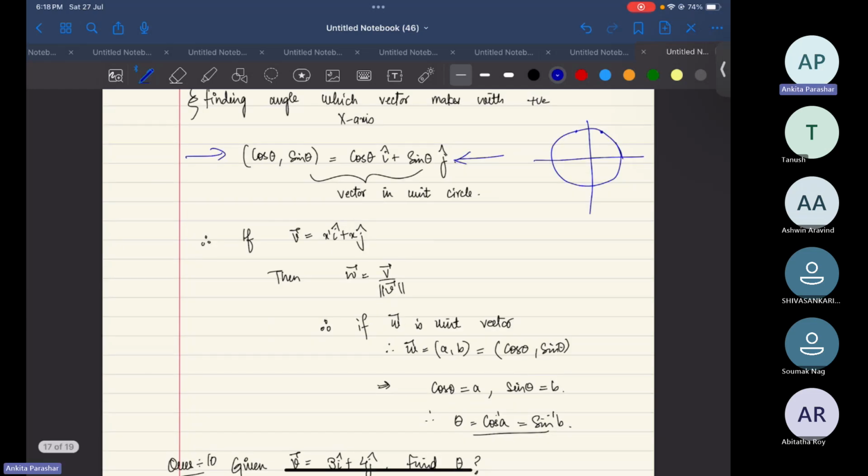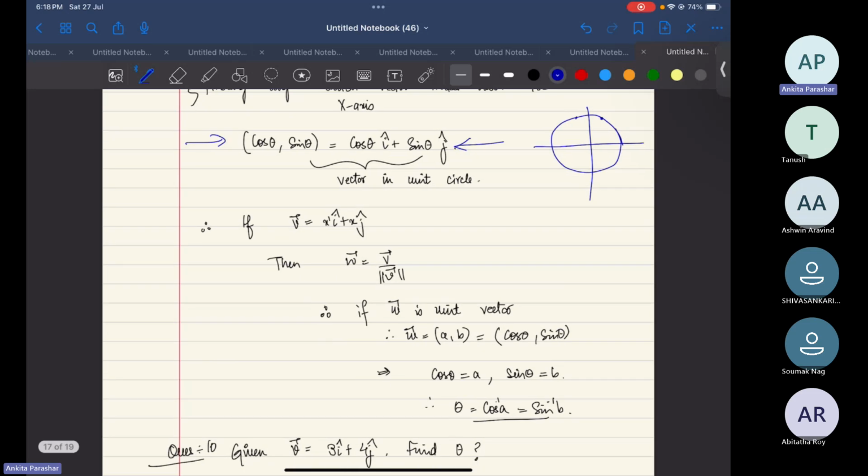Now if I take any vector v, which is x i cap plus y j cap, let's say, and then I take w, then w is a unit vector. Given any vector, we got a unit vector. And also I know that any unit vector should lie on the unit circle. Therefore, its components should be of the form (cos theta, sin theta).